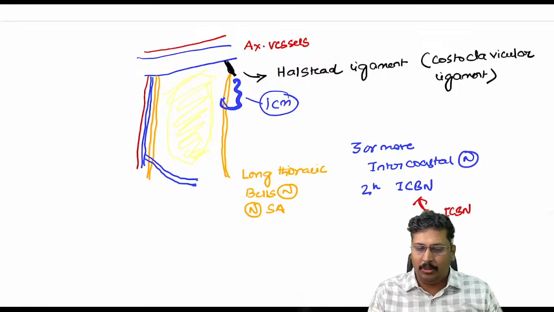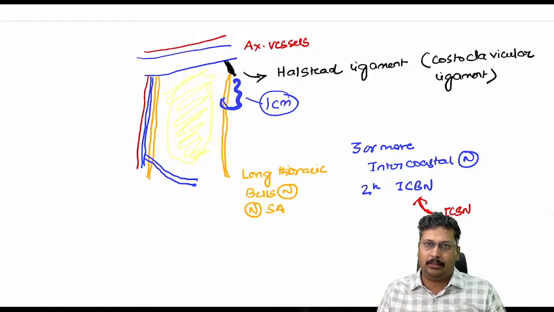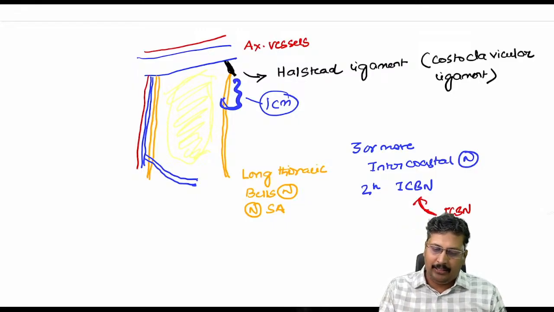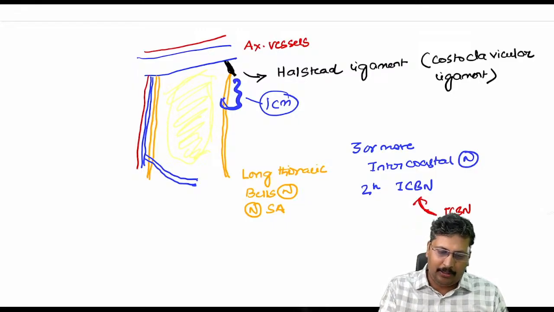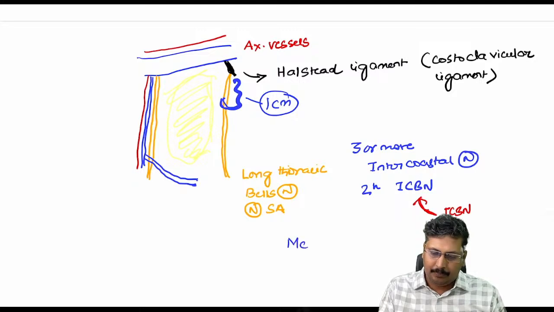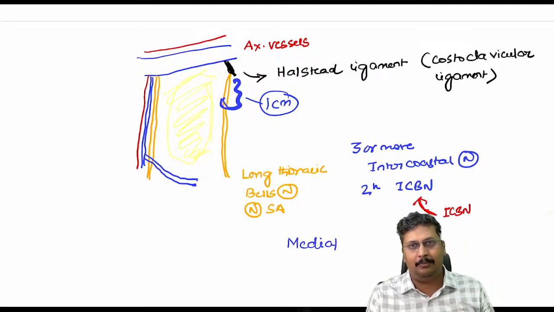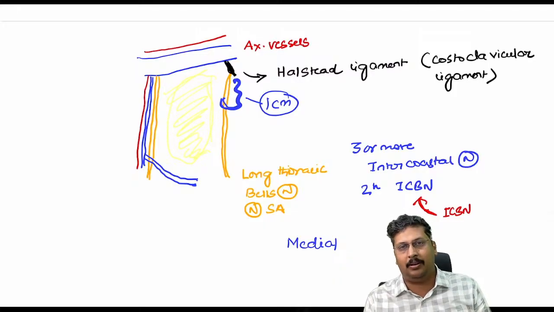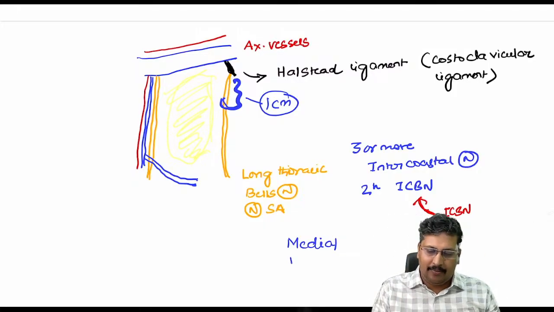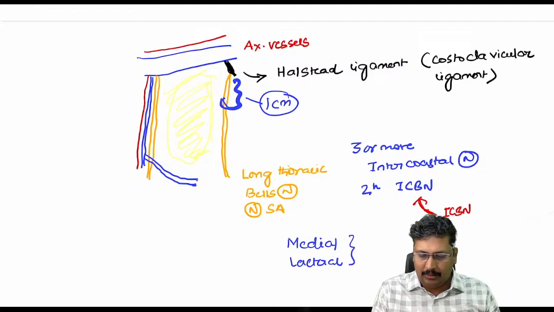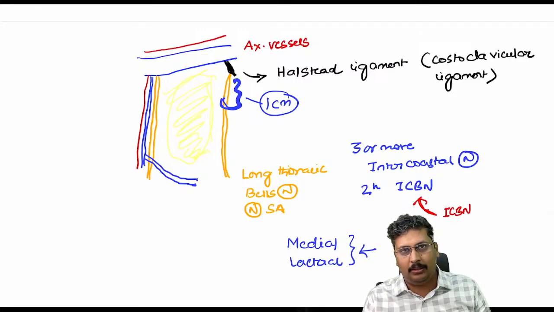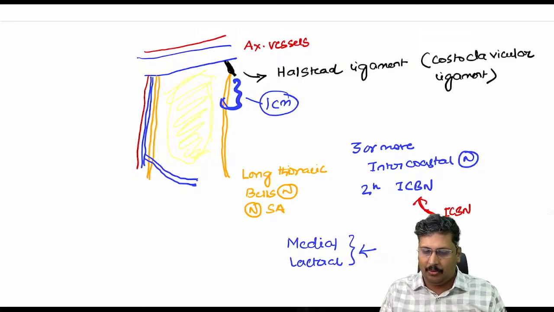So another 2 nerves that are associated with axillary dissection are, one is the medial pectoral nerve, which is laterally seen, but it is called medial pectoral because it originates from the medial cord. And second one is the lateral pectoral nerve. So these two nerves you again encounter while doing the lymph node dissection.